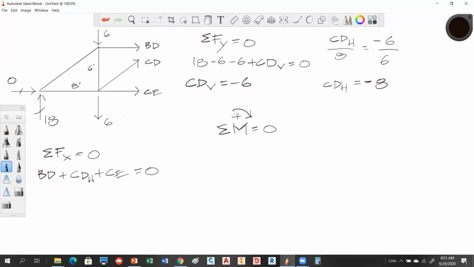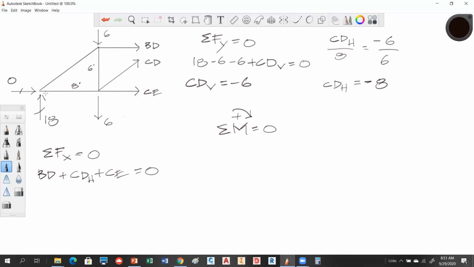Max, you got an idea? A, over here? The problem with taking it at A is I would still have this unknown and this unknown, so I'm going to have 2 unknowns. So A would not be a good place.